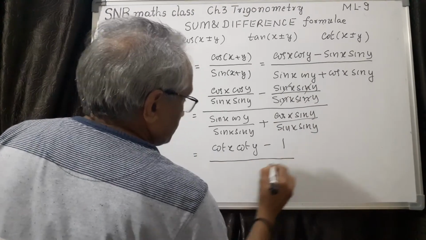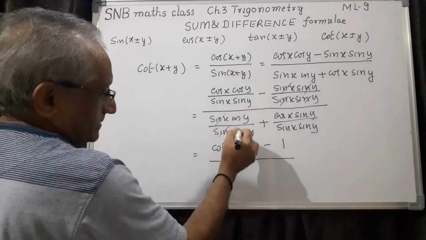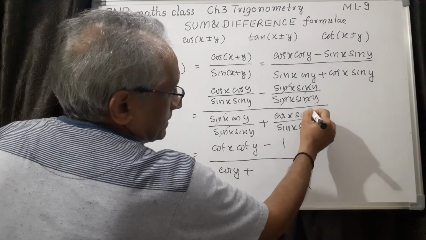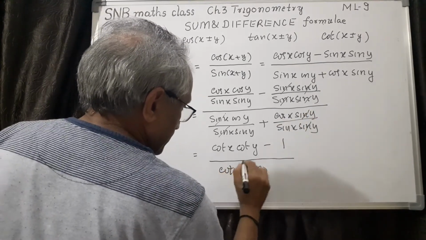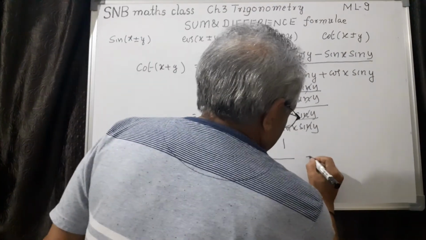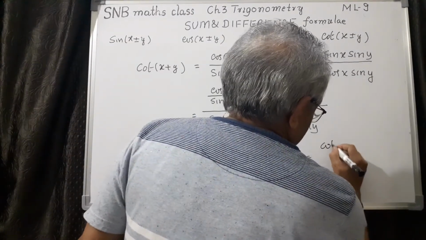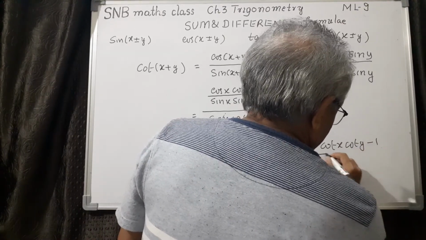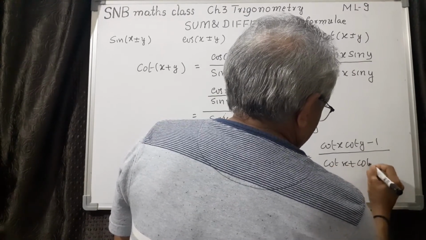So divided by, here sin x cancels, cos y by sin y is cot y, and here sin y cancels, this is cot x. Of course, you can rewrite this because x must be first. So you can also write this as cot x cot y minus 1 divided by cot x plus cot y.